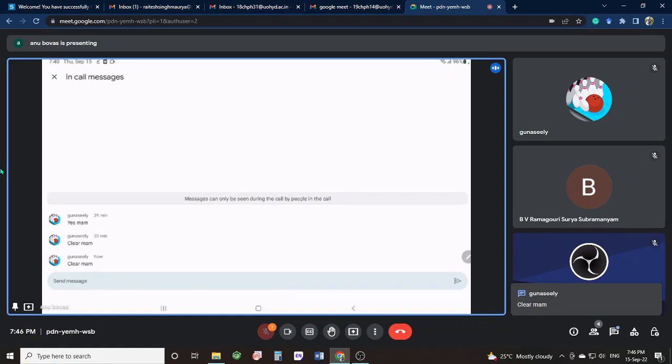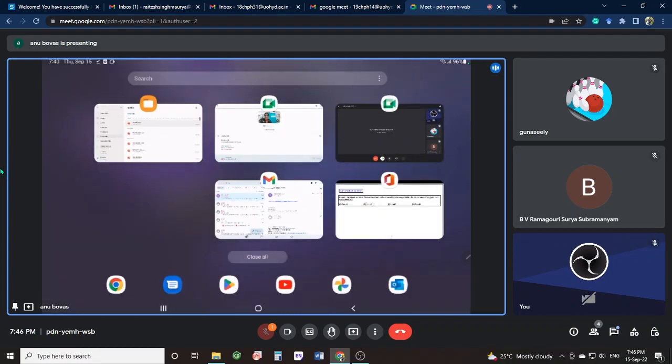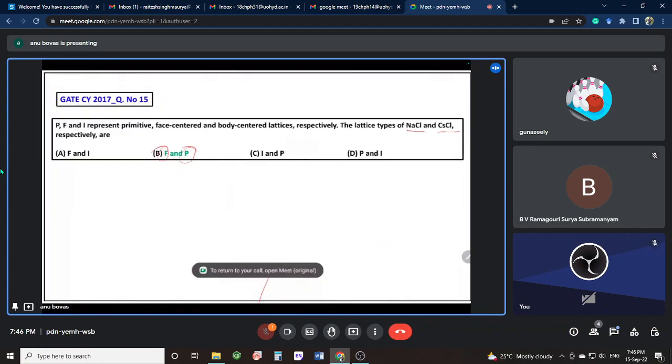Okay, fine. There are some more important structures like rock salt structure, calcium fluoride structure, titanium dioxide. I didn't find questions on these that have been asked in GATE, but they might be asked. So it will be better if you know such structures also.